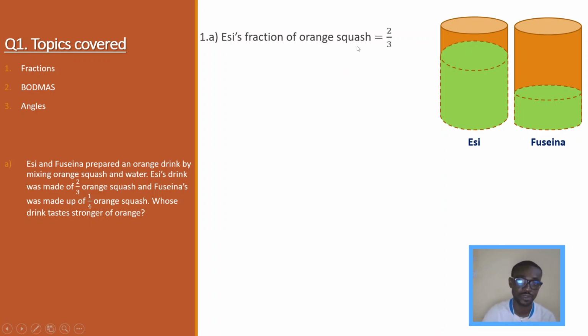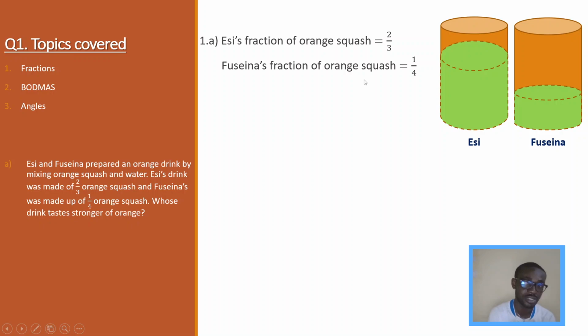That is, Essie's fraction of orange squash was 2/3. That is, if she is to divide the orange squash into three, she used 2 out of that 3 to prepare the orange drink. And then Fusena also, if she had a full can of orange squash, she also divided it into 4 and she used just one part of the 4 to prepare the orange drink.